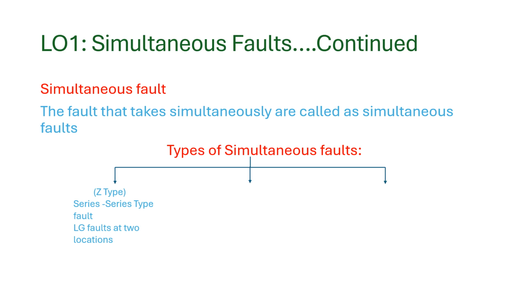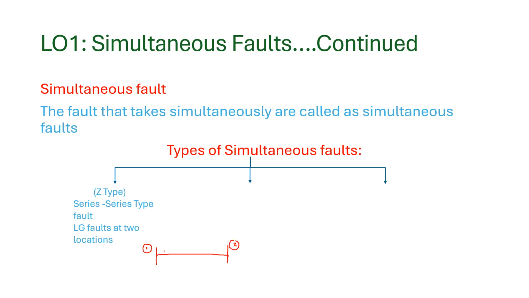We have the Z type of fault. Suppose we have a transmission line between two buses, bus number 1 and bus number 2. What is meant by the Z type of simultaneous fault?